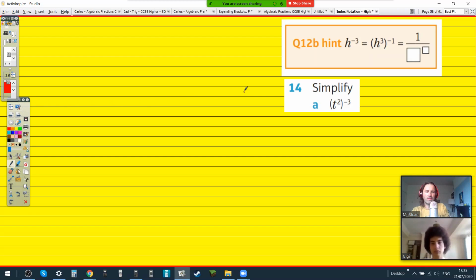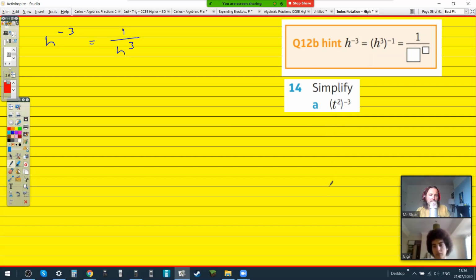Yes, algebra. H to the minus 3. What's that the same as? 1 over h to the power of 3. And then what is this one? Simplify. Minus 3t.